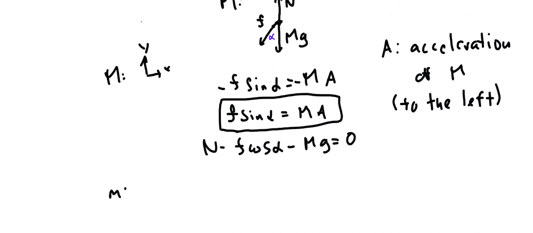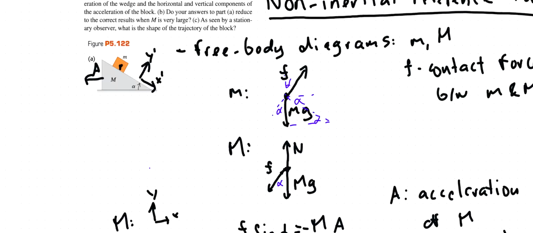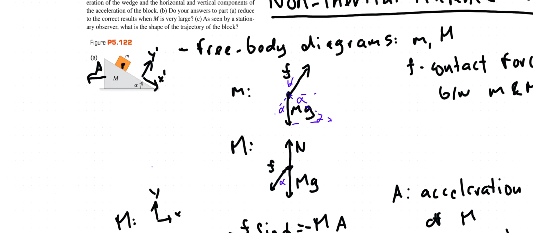Now for the block, I'm going to use the fictitious force. And for the fictitious force, I'll change color. So I will use a fictitious force. And why am I using the fictitious force? Because I'm going to switch to a non-inertial reference frame, as I said earlier.